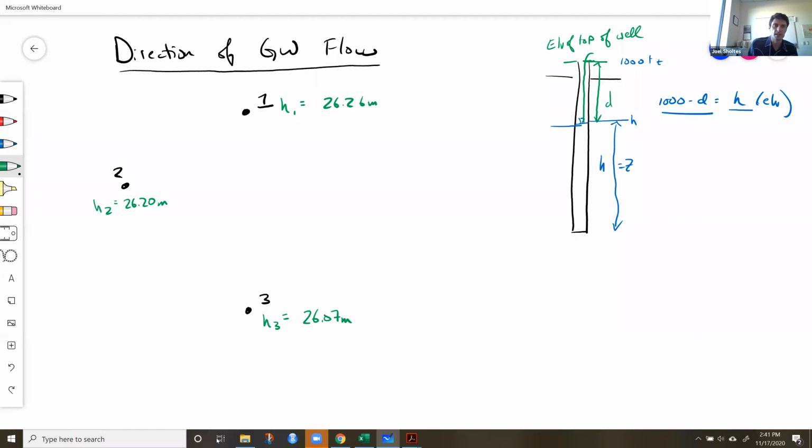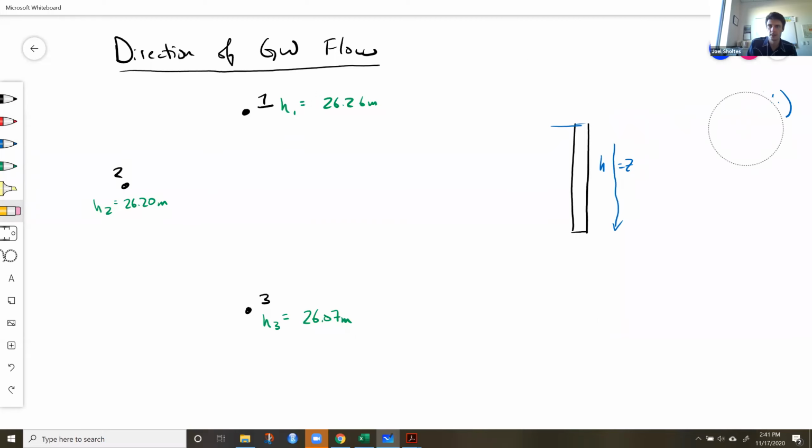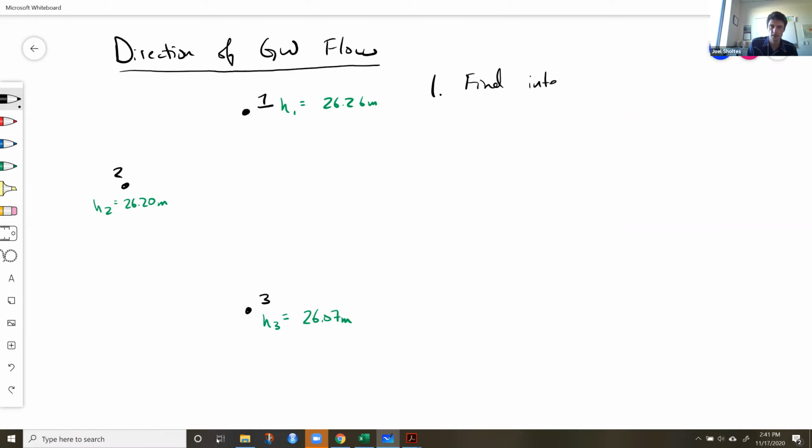So the way we do this is, first, I'm going to erase that little well example over here. We're going to find the intermediate well, meaning the well with the middle head value, in which case it's number 2.